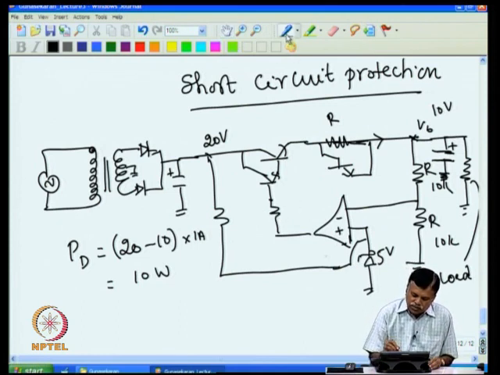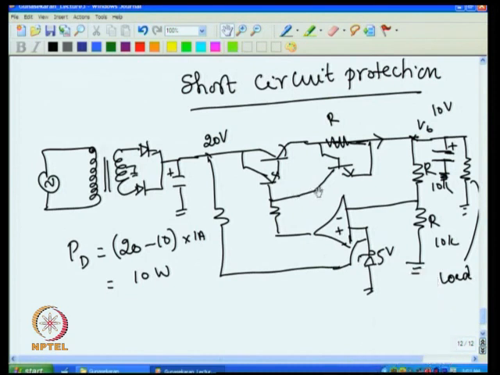However, when the short circuit occurs, the current flows through this. Now there is a current flowing through this, and there will be a voltage drop because this current will be high. If a large current flows and this voltage starts increasing here, then more current will flow. Now the question is how much current it will flow, because this voltage cannot go more than 0.6.